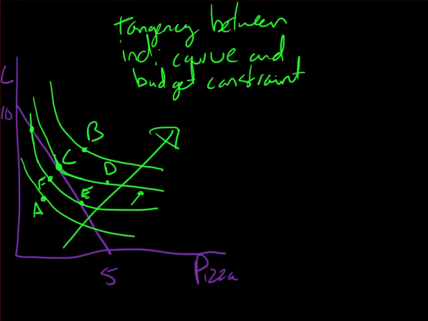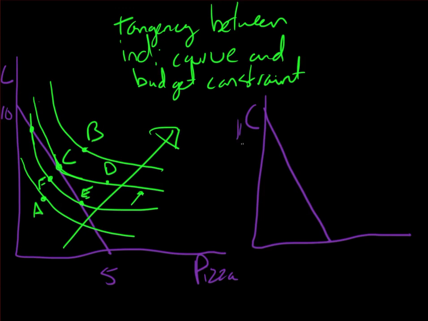What I wanted to highlight here, I'm not going to draw a whole other one out, is this idea that this indifference curve is specific to a certain individual. I could have the same budget constraint for someone else with 10 colas, 5 pizzas, but his indifference curves make him consume more of one or the other good.